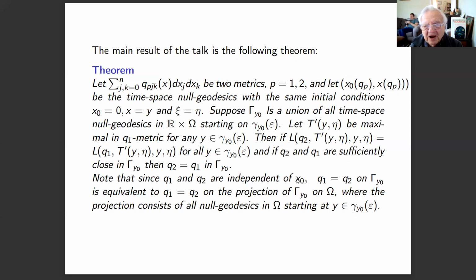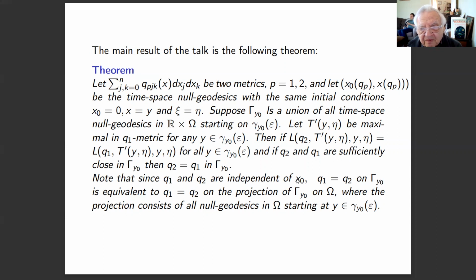T prime maximum means that the time-space null geodesic reaches the boundary at time T prime, and when little t is larger than T prime, it leaves the boundary, leaves the cylinder.